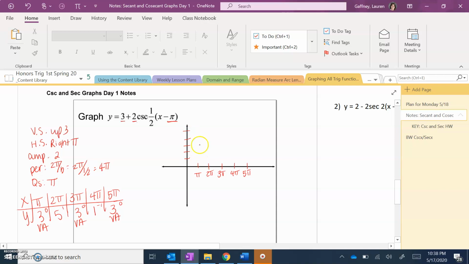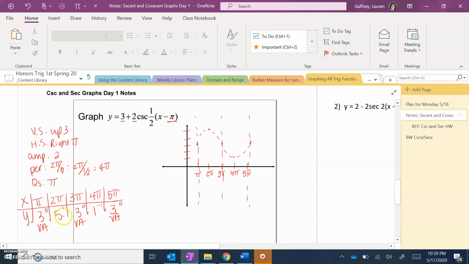So at pi, 3, 5, 3, 1, 3. So this is my sine graph. Let's place in those vertical asymptotes now. So there would be one here at pi, one at 3 pi, and one at 5 pi.